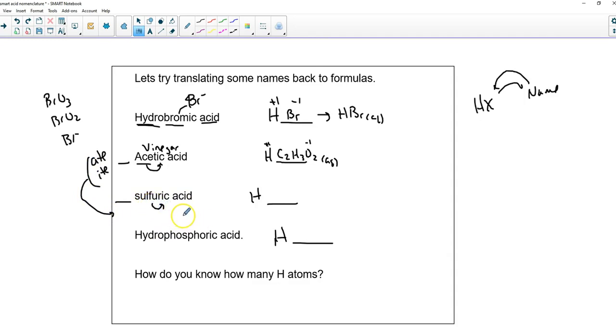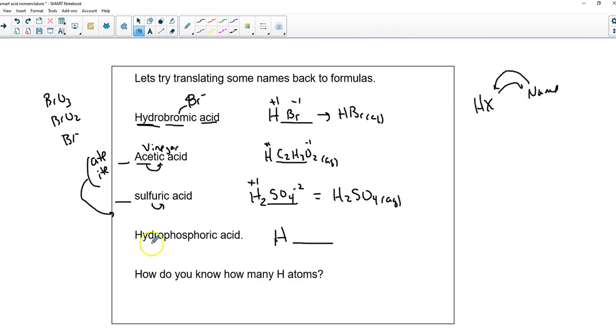So go to your ion sheet and find sulfate. That's SO4 minus 2. Here's our first opportunity to charge balance, just like ionic compounds, very simple. 2 goes right there, and this gives us H2SO4, and we'll put it in water for good measure.